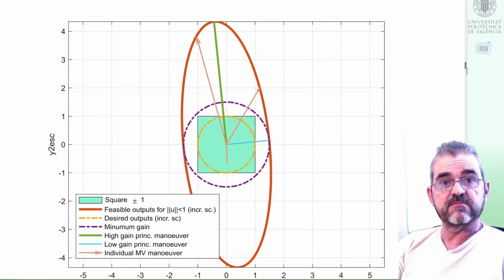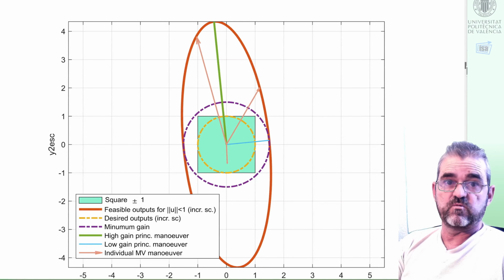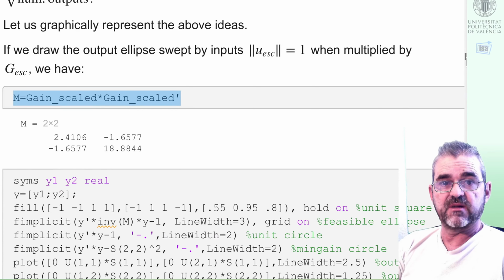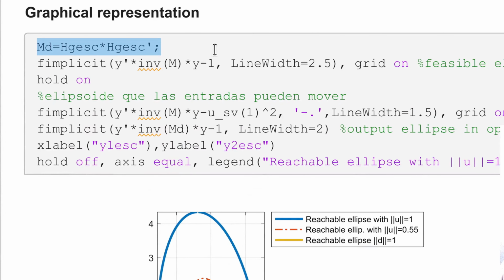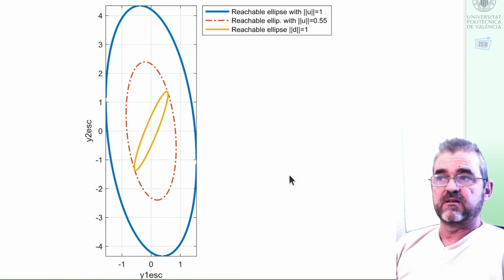That was this red ellipse, and now we'll keep the same M matrix and do the same computations with a disturbance H gain scaled matrix, so with this MD. With this ellipse drawing, we will draw the output increments that may be achieved when disturbances range in the unit circle. So here is what we have.